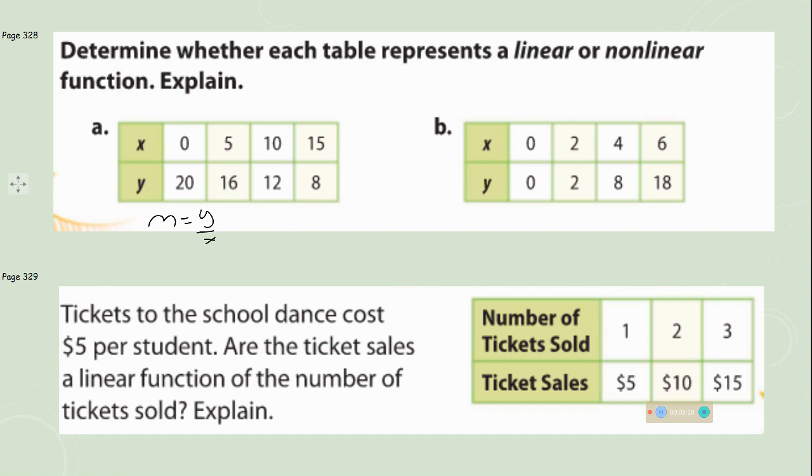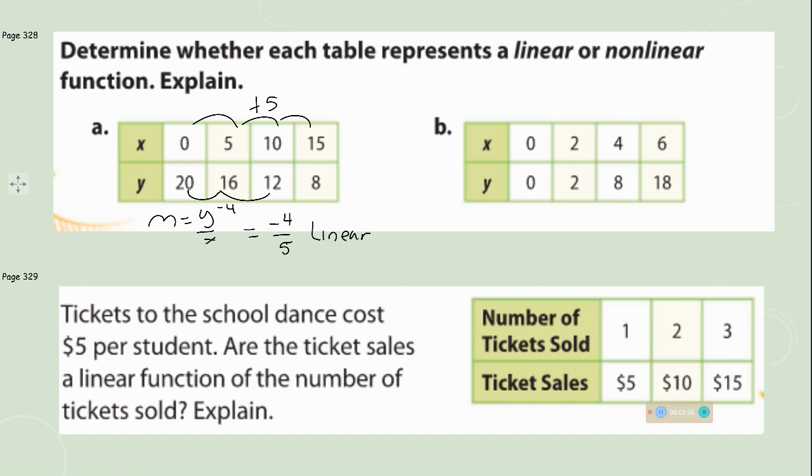The fact that they put y on bottom doesn't change anything. So 0 to 5, 5 to 10, 10 to 15, these are all plus 5. 20 down to 16 is minus 4. 16 down to 12 is minus 4. 12 down to 8 is minus 4. So it is a constant rate of change. Y over x would be negative 4 over 5. This is linear.